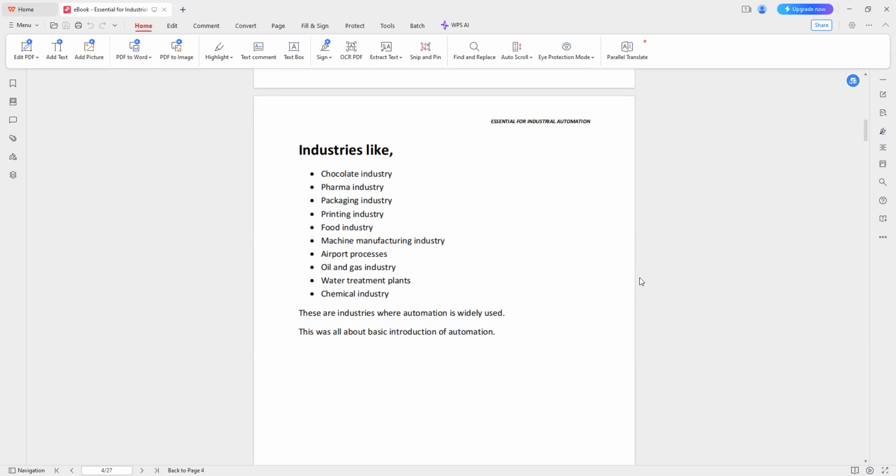Some industries are machine providers to other companies. So there are two different things in industrial automation: first is a service provider, and the other is an actual product developer, meaning machine manufacturer. After learning PLC, HMI, and SCADA, you can tap these two kinds of industries, one service and one product.